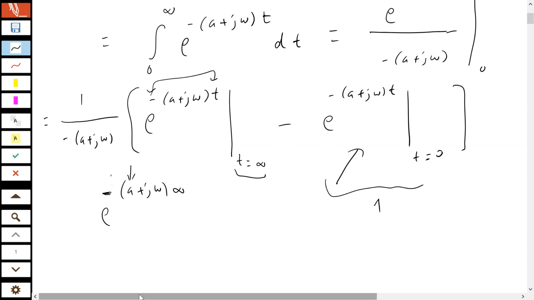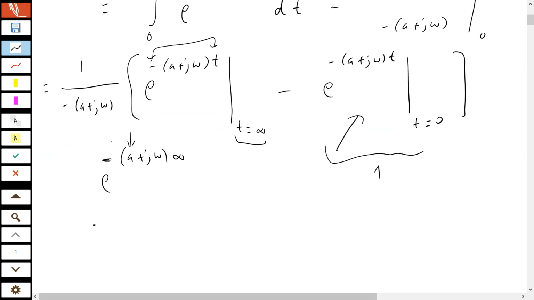So if a is a complex number, write this as a complex number. Let's say a is equal to a real and a imaginary. So let's say AR is for the real part and AI is for the imaginary part, and this is j, right?